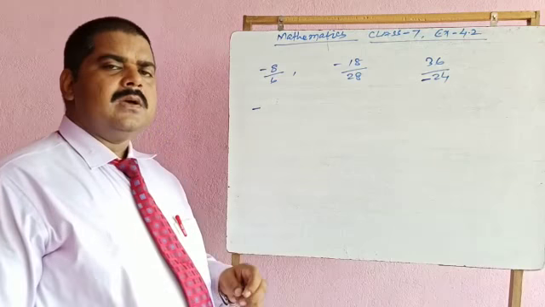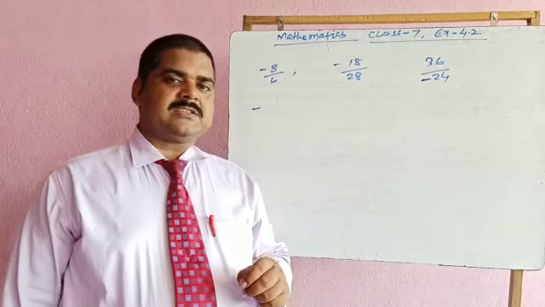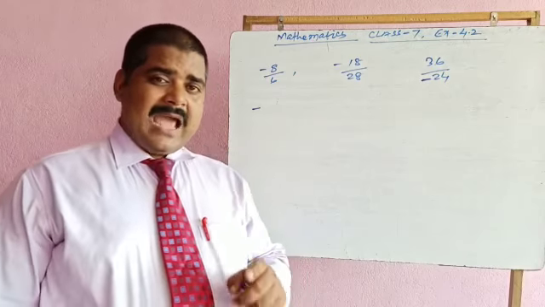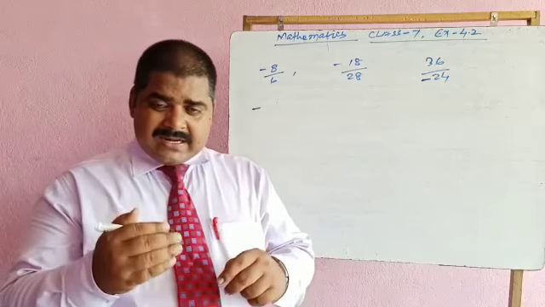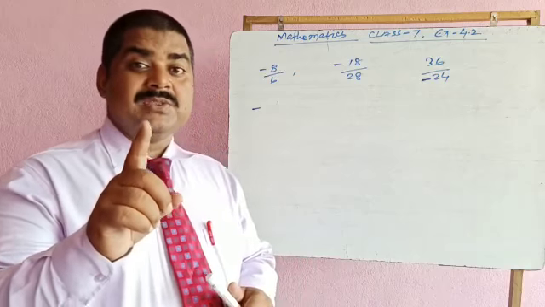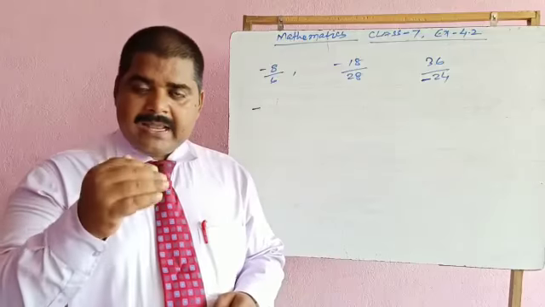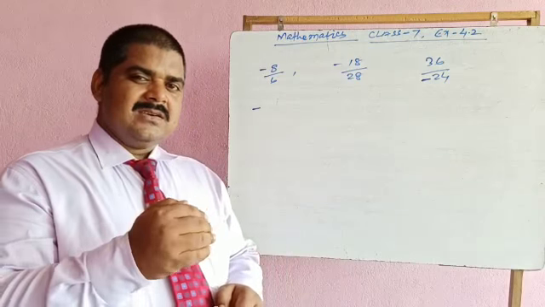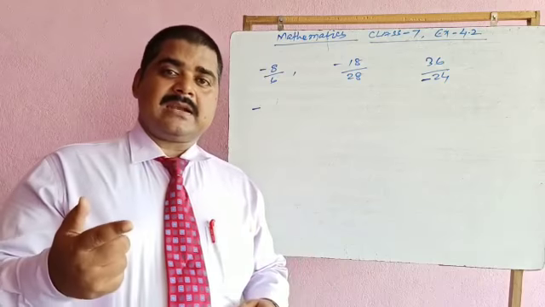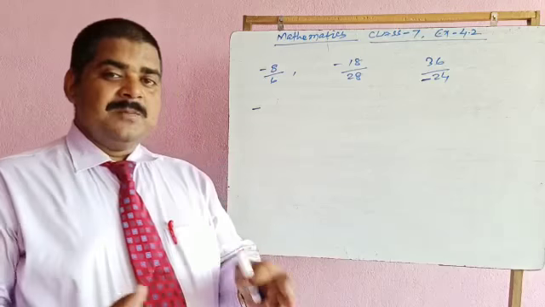You know that any rational number is considered in simplest form or irreducible form if its numerator and denominator have no common factor other than 1. Means if the HCF of numerator and denominator is 1, then it is simplest form, and if it is greater than 1, then it cannot be considered simplest form.